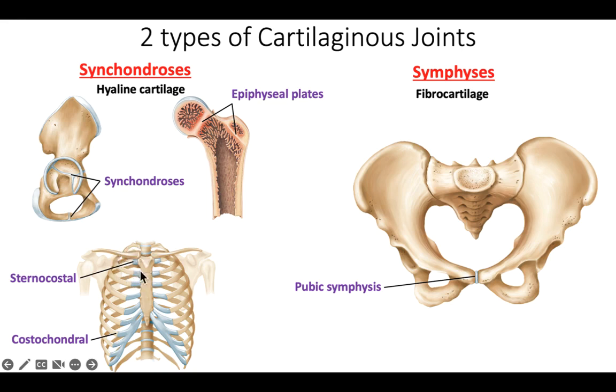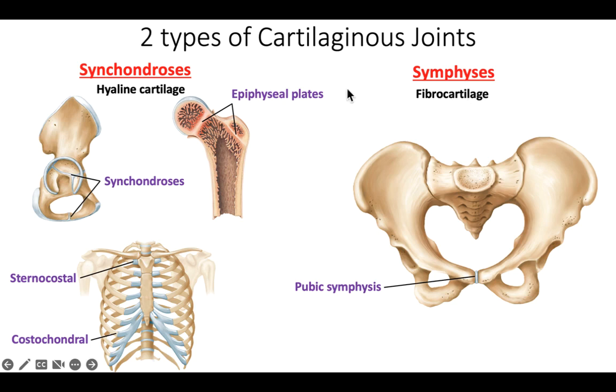A sternocostal joint, because that's hyaline cartilage, is considered a synchondrosis. We're going to learn one symphysis. It's called the pubic symphysis, where the two pubic regions of the hips are held together using fibrocartilage. So the key to a symphysis is the bones are held together with fibrocartilage.